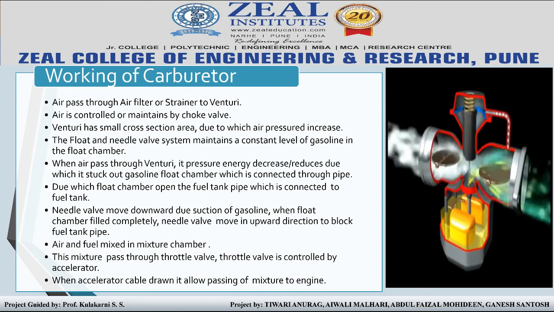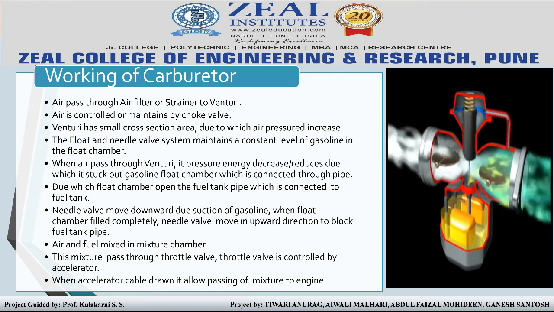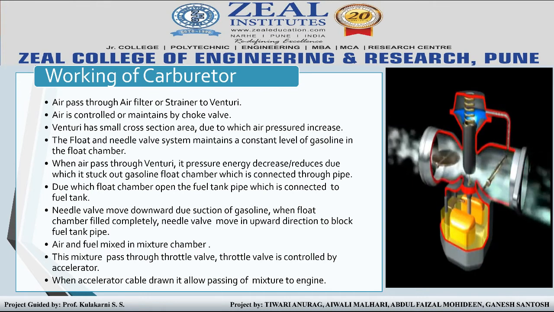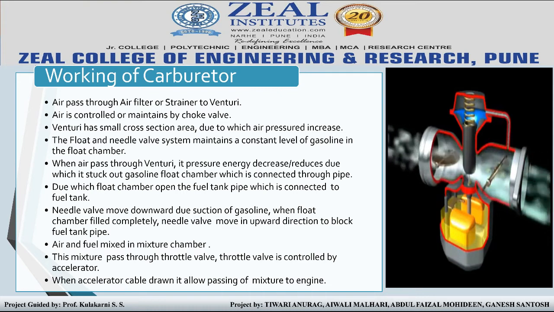When air passes through the venturi, its pressure decreases, due to which it sucks gasoline out of the float chamber, which is connected through a pipe. Then the float chamber opens the fuel tank pipe, which is connected to the fuel tank. The needle valve moves down due to the suction of gasoline. When the float chamber is filled completely, the needle valve moves upward to block the fuel tank pipe.